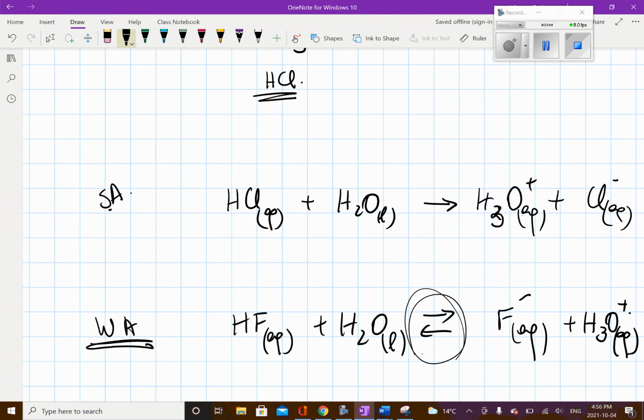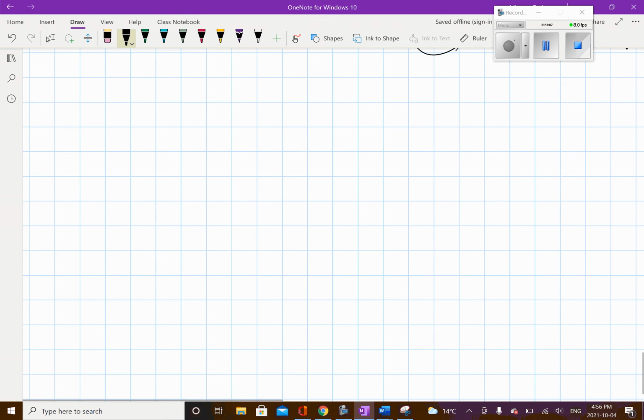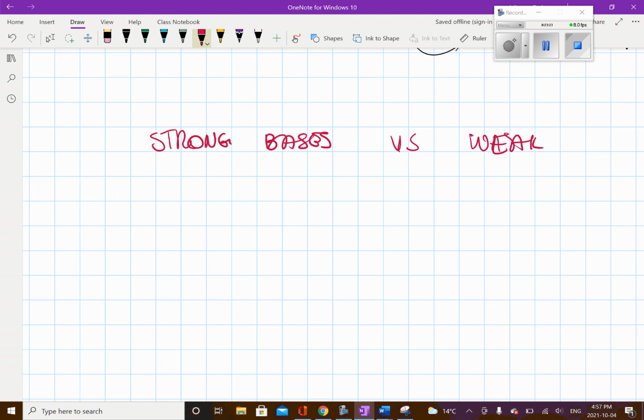Now, strong bases and weak bases, we'll do this and then we'll close this video. So now, strong bases versus weak bases. A strong base is completely ionized. So a strong base is something like potassium hydroxide, sodium hydroxide, or barium hydroxide.